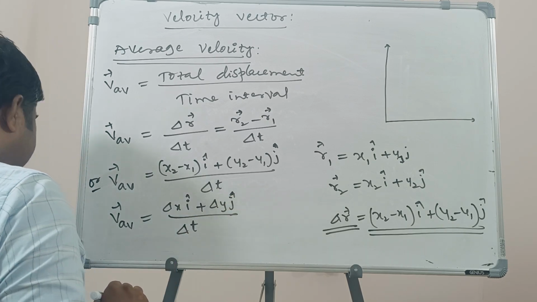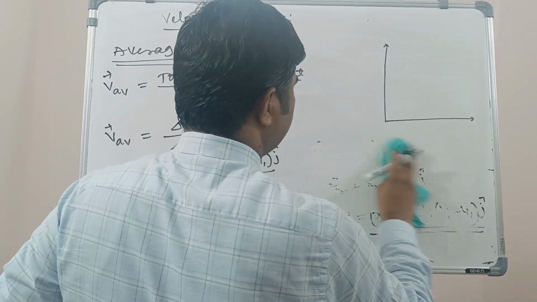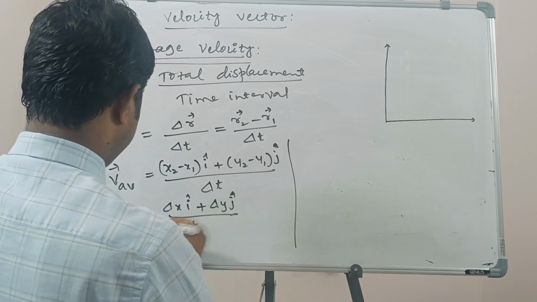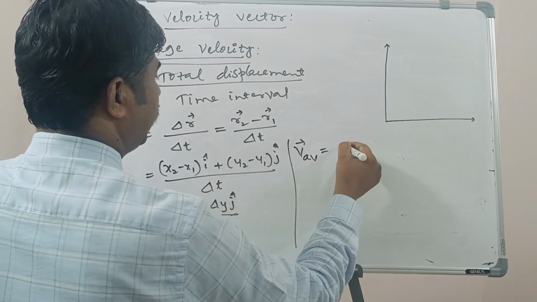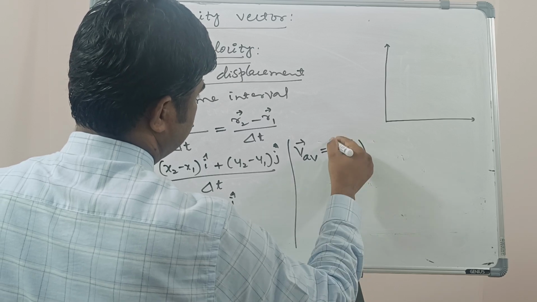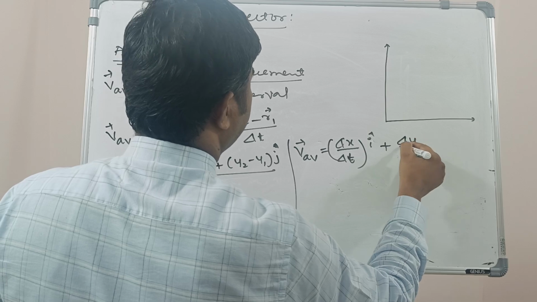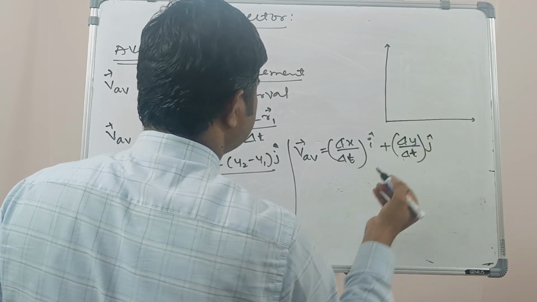Taking the individual division, V average is equal to delta x divided by delta t i cap plus delta y divided by delta t j cap. What does it mean?